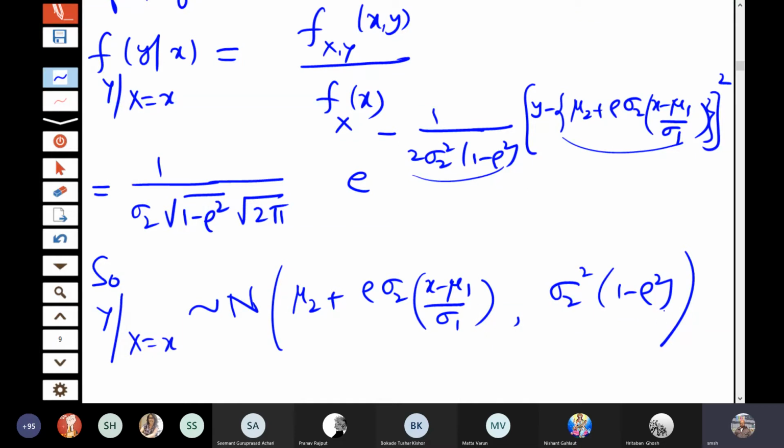So you have proved something very interesting. If x, y has a joint bivariate normal distribution, then the marginal distribution of x is univariate normal and the conditional distribution of y given x is also univariate normal.